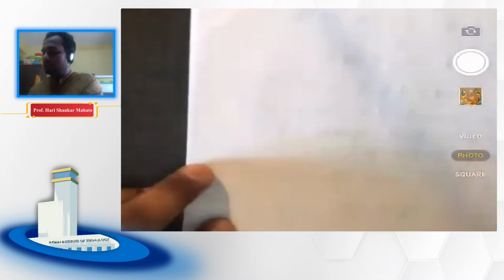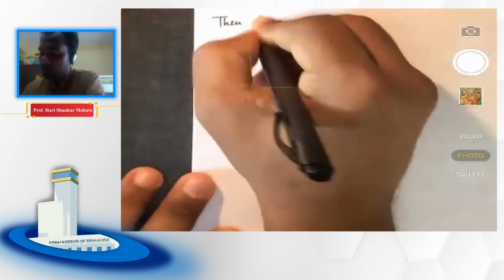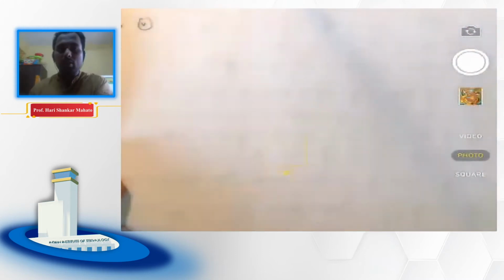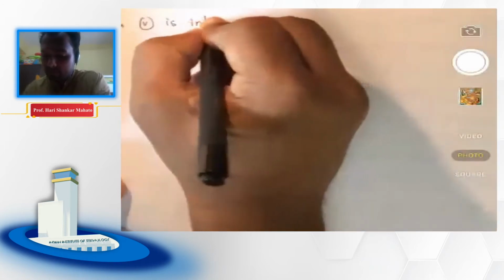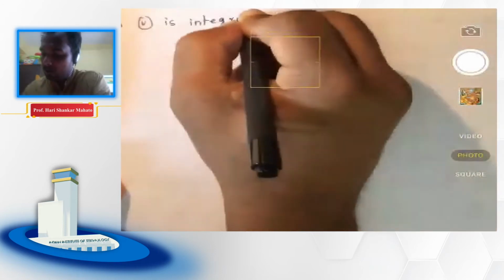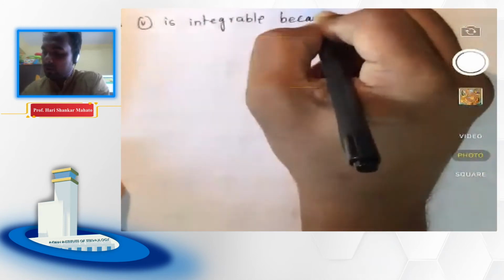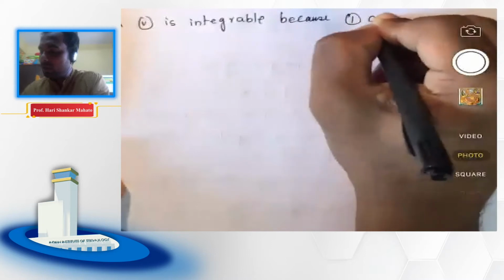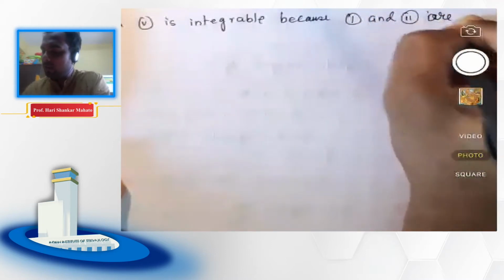So then 5 is integrable, because 1 and 2 are compatible.